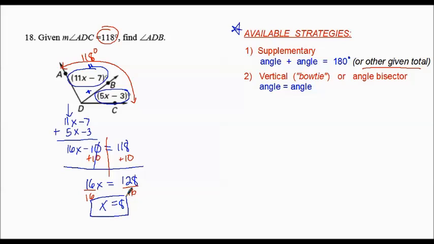Now remember, in geometry many times solving for x isn't the final answer. In this case, the final answer was to find angle ADB, which if we use a highlighter, is this angle.